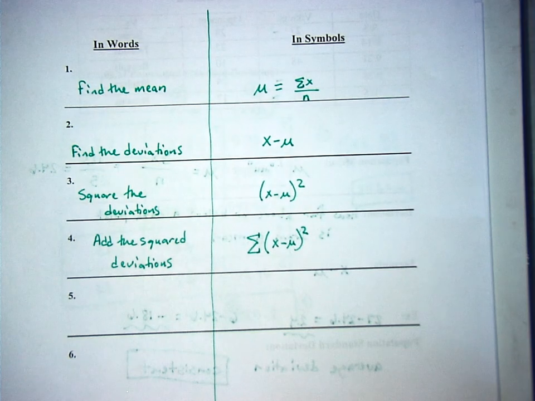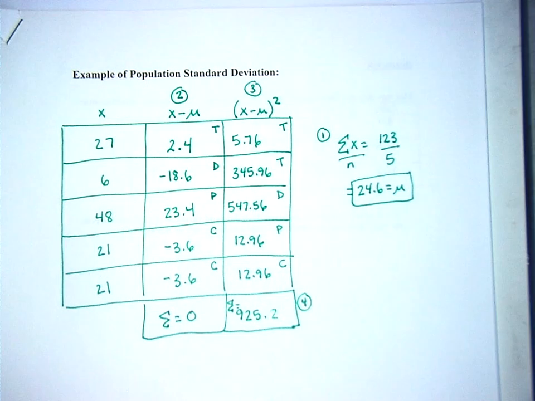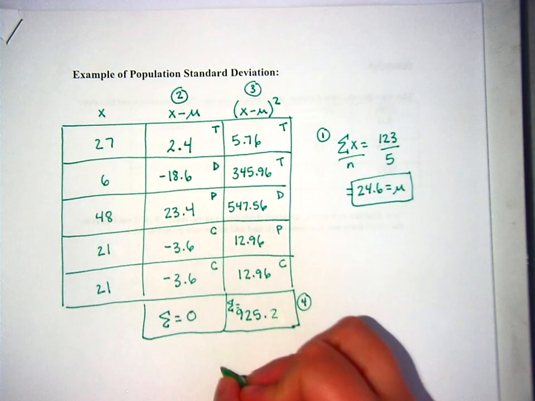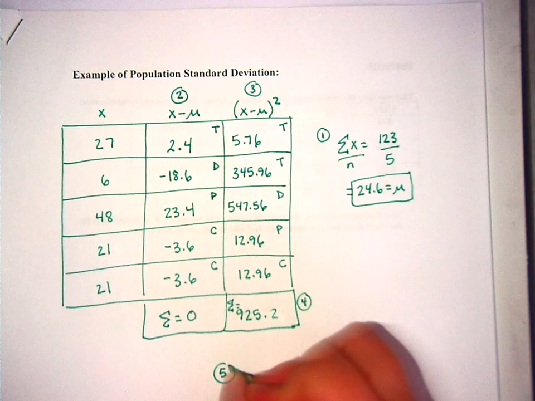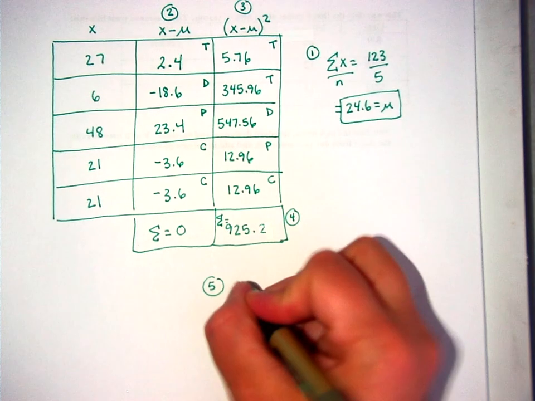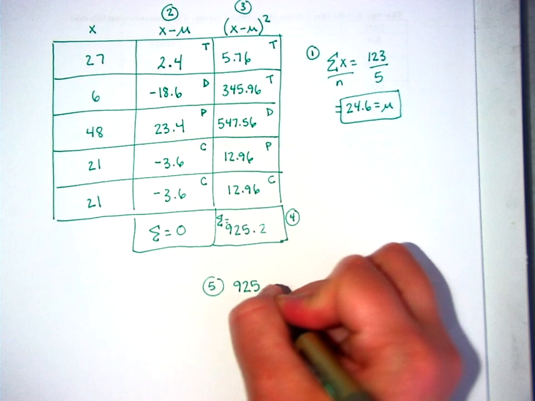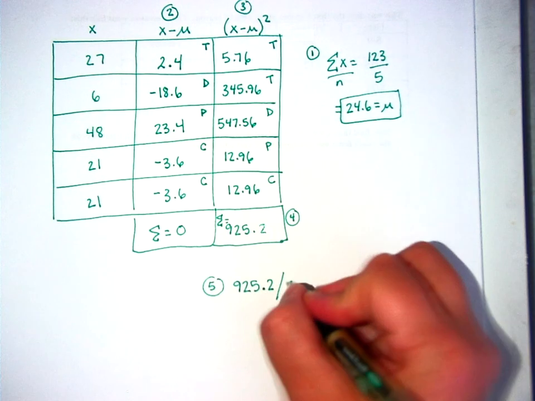Now, if this was an average, what would we do now? Divide it by 5. Is it always 5? No. It's how many data points you have.